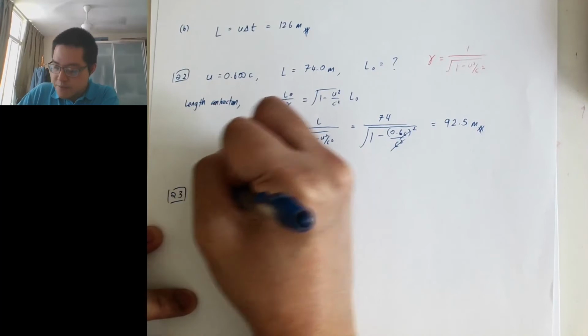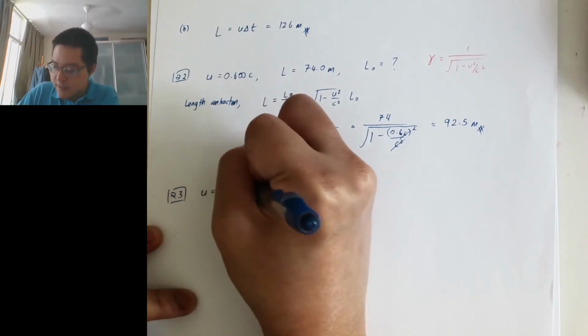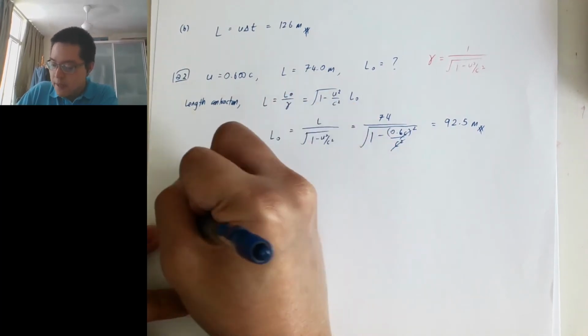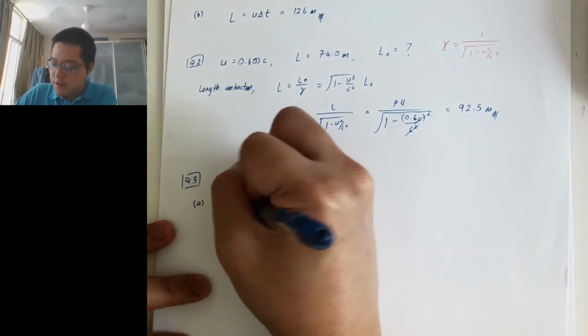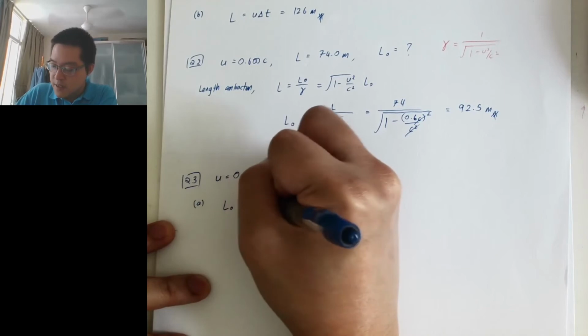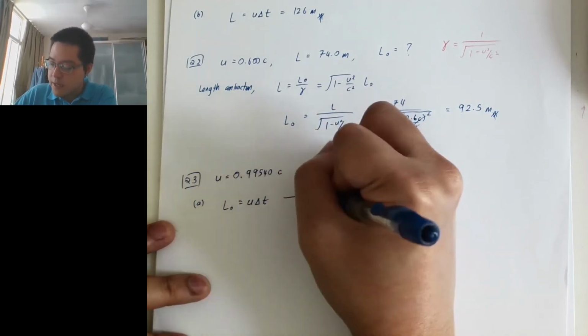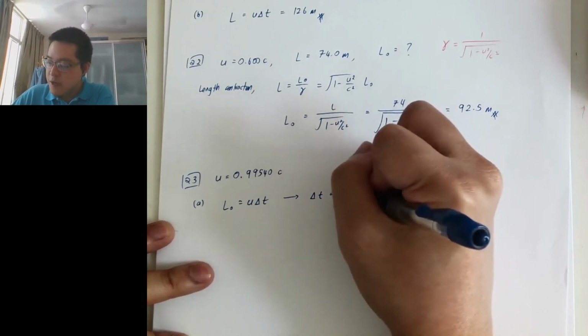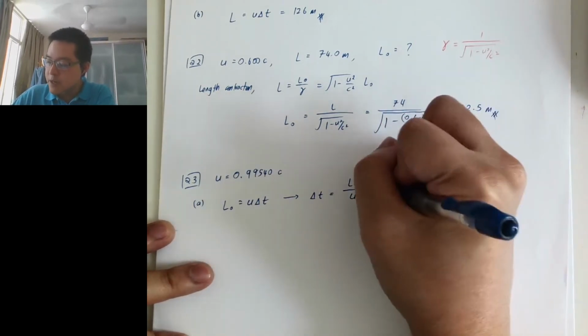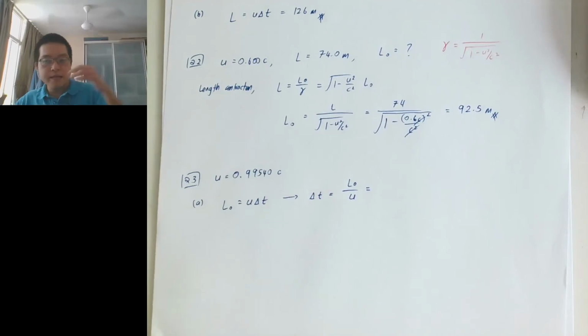The speed of the particle relative to Earth is 0.99540 c, and for part A, the distance traveled is just u delta t. So from here we can get the time interval of this process: the length traveled by the particle divided by the speed of the particle. Both of these are measured in the frame of the scientist on Earth, so we can calculate them together.